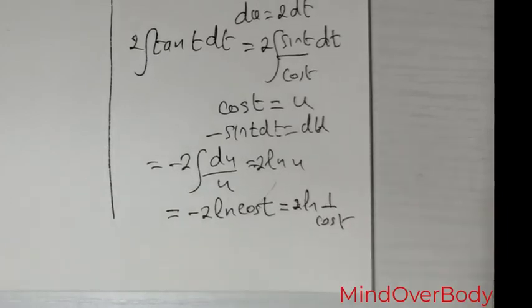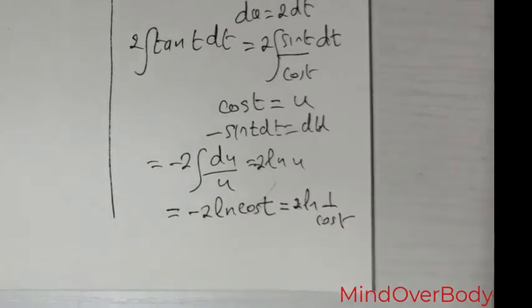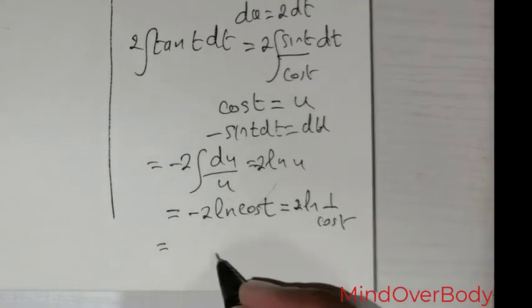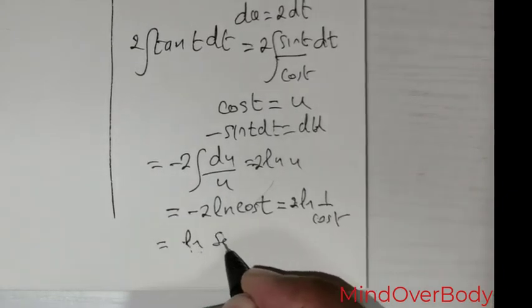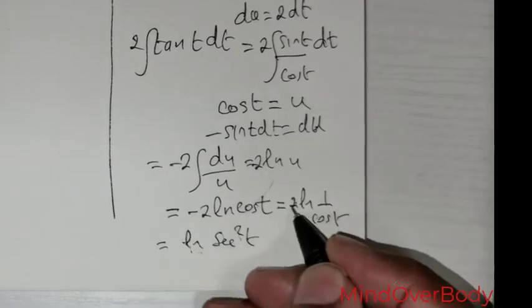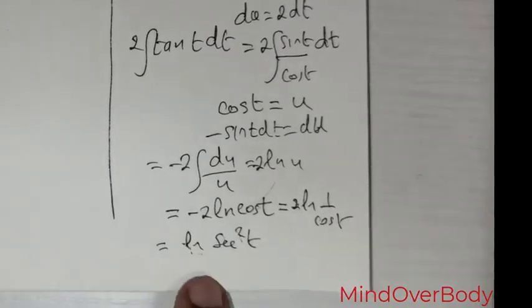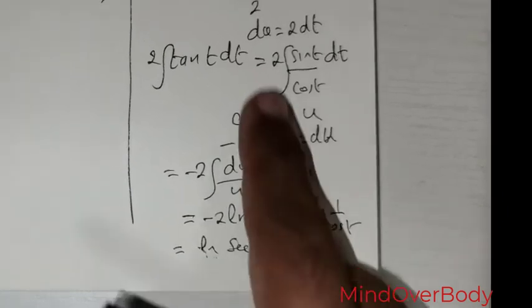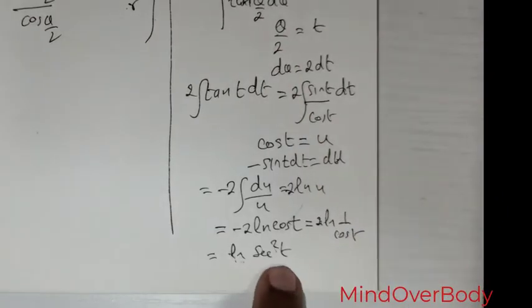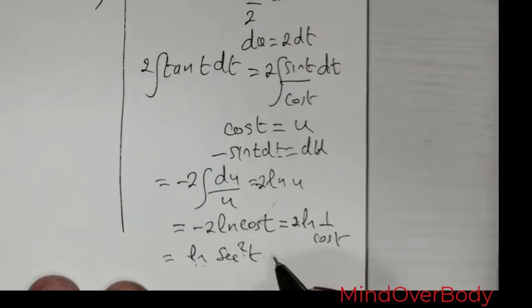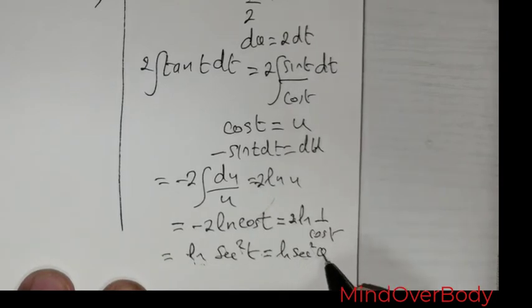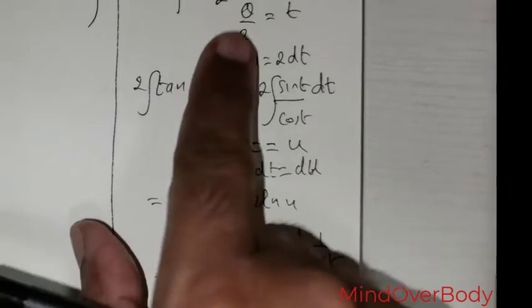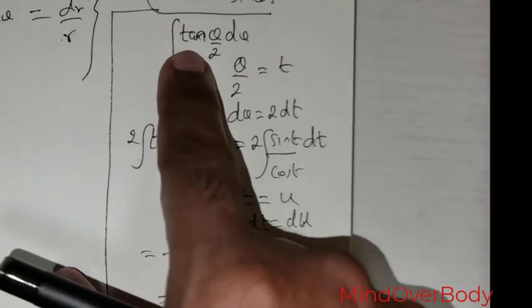Now this 1 over cos t is nothing but secant t, so I can very well write this as secant t. In fact, I can write this as secant square t, because I can push this 2 there. Now my t is theta over 2, so I have to bring it back here. So let me just do that. So this is equal to ln of secant squared of theta over 2. So this is what I got for integrating tan theta over 2.